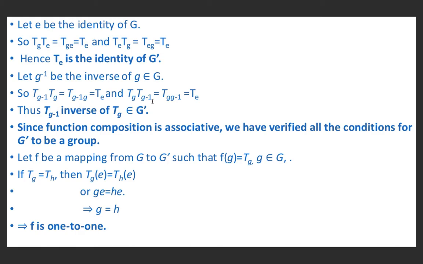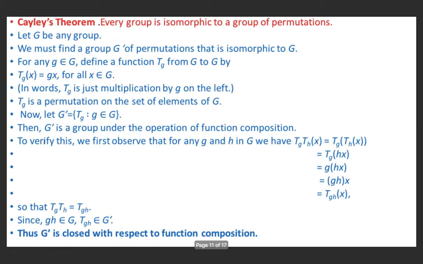Also similarly T_g into T_g inverse is equal to T_e. Hence T_g inverse belongs to G'. Since function composition is associative, we have verified all the conditions for G' to be a group. So G', which we had defined as T_g such that g belongs to G, where T_g(x) = gx, is a group under the operation of function composition.